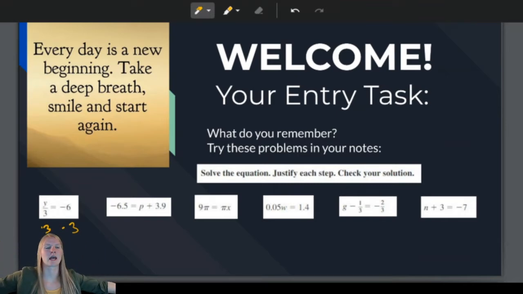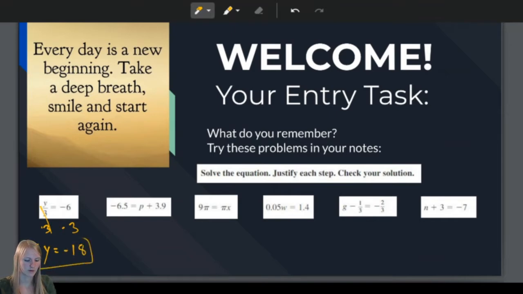My equation must stay balanced. So if I multiply by 3, that gets rid of that 3. I have y all by itself. And that is equal to -6 times 3. -18. Perfect.